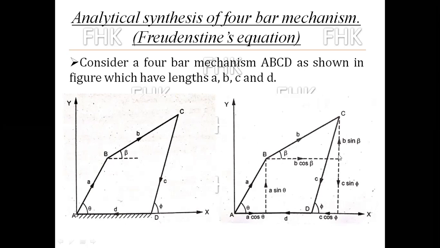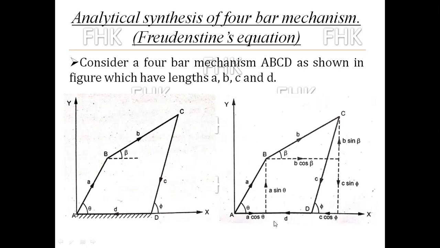So this vertical component will become C sine phi, and the direction of vector C is from capital C to capital D. So that vertical component is moving in the downward direction, C sine phi, and the horizontal component of C will become C cos phi, but the direction is from right to left.